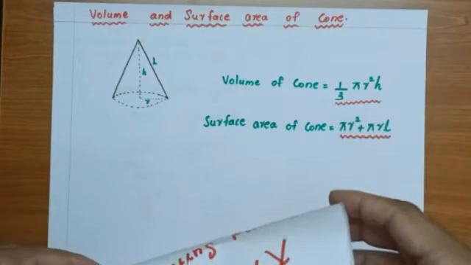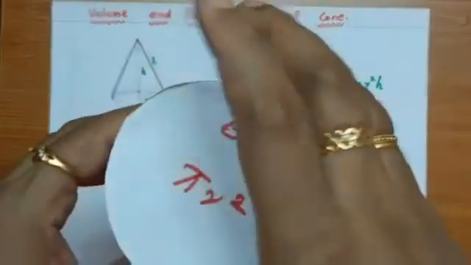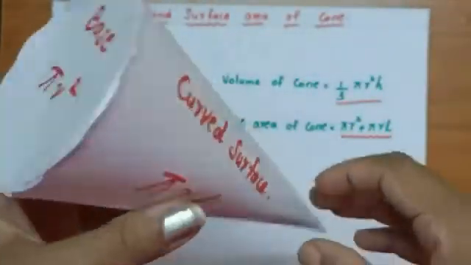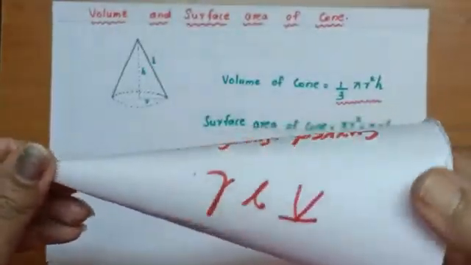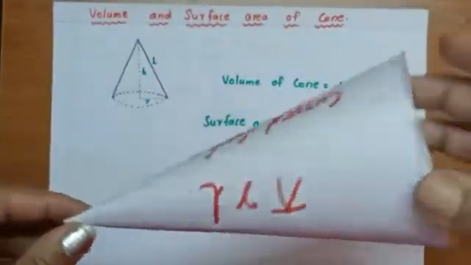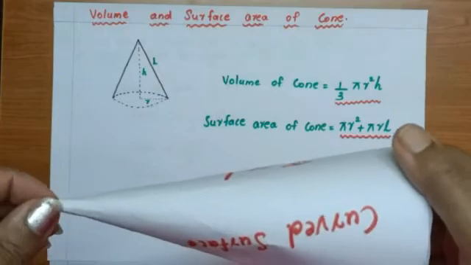Now surface area. Surface area is the sum of the area of all the sides of a solid. For our cone we have two surfaces. One is the base, the other is the curved surface area. This is the curved surface. So the area of the base plus the curved surface area will be the total surface area of the cone.